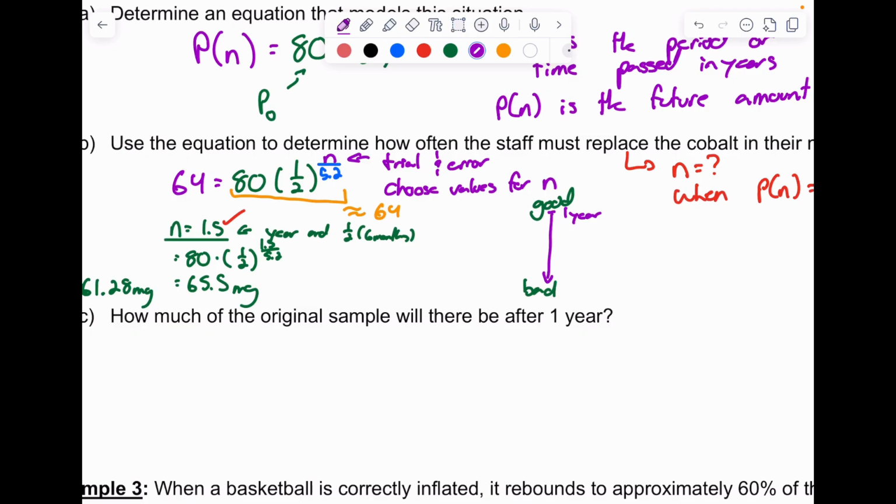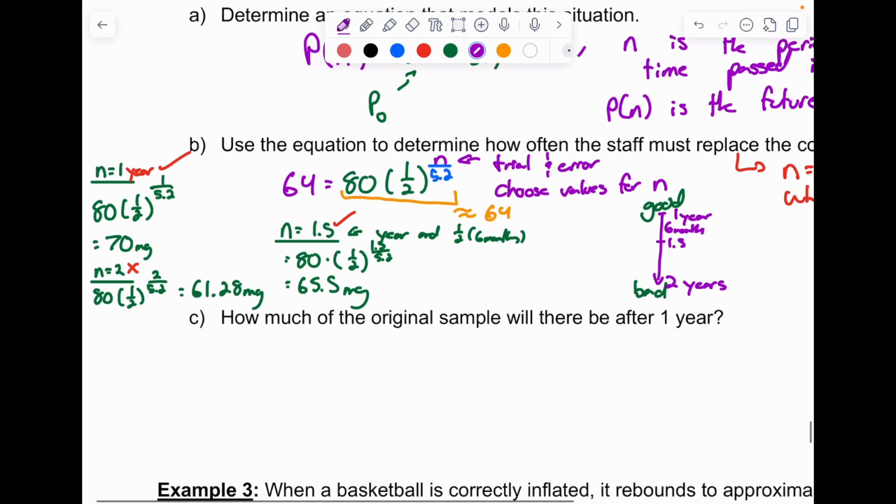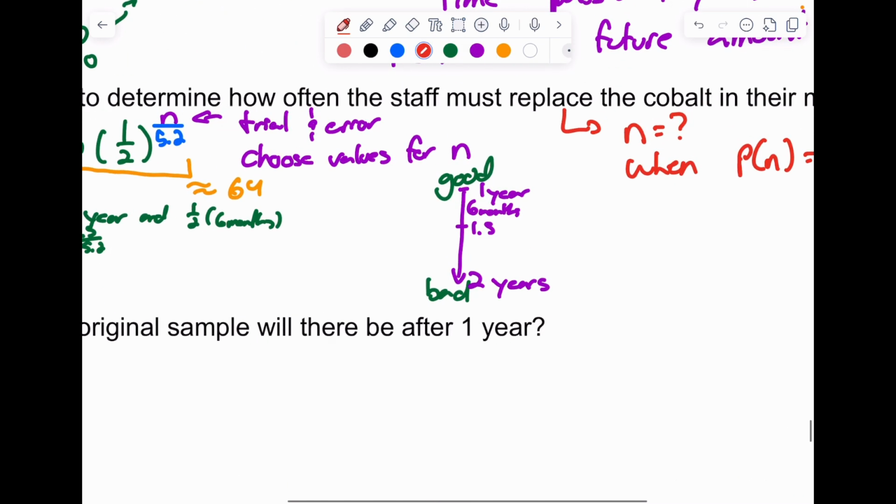Then another 6 months passed, and we got to a year and a half, we were still good. But then we got to 2 years, and we were bad. So that means sometime in here they had to replace it, because you're still good here, but you're bad here.